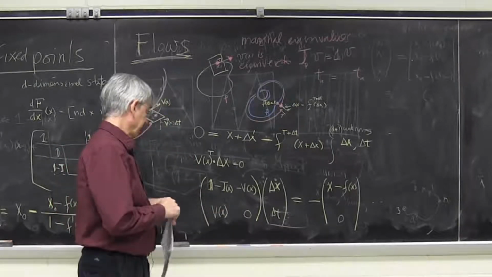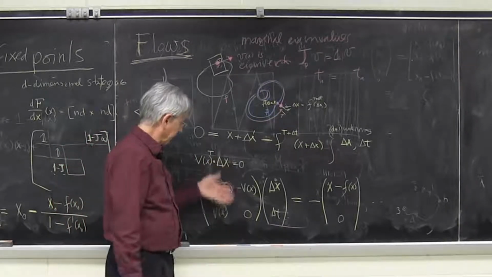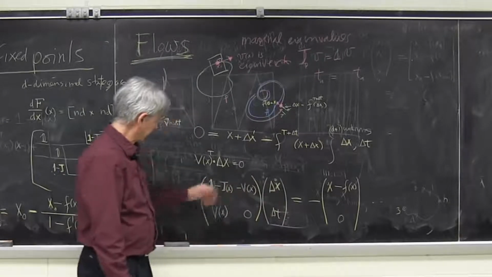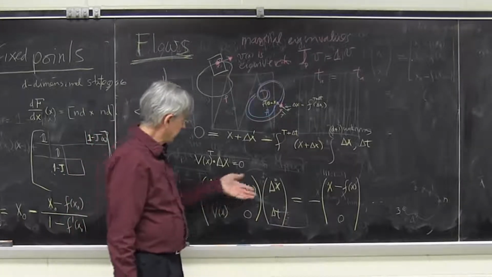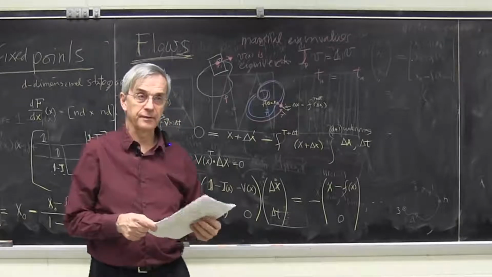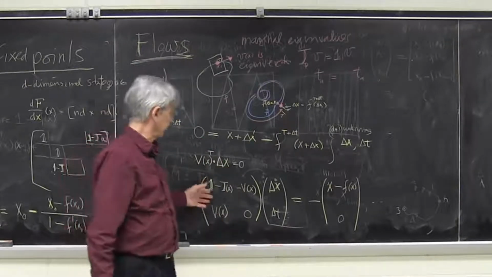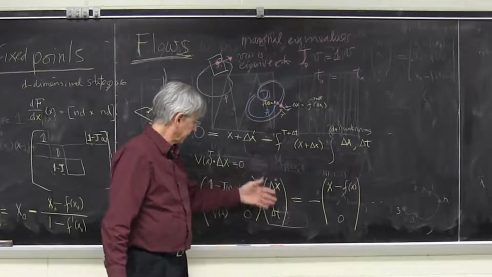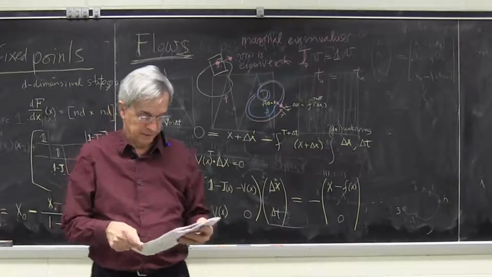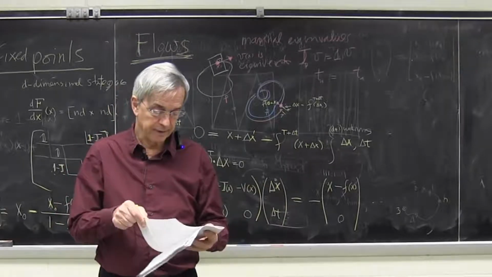Now, in practice, it depends on your problem. In low-dimensional systems, people actually just invert this. In high-dimensional systems, there are all kinds of tricks about how to avoid inverting this and still compute improved guesses.